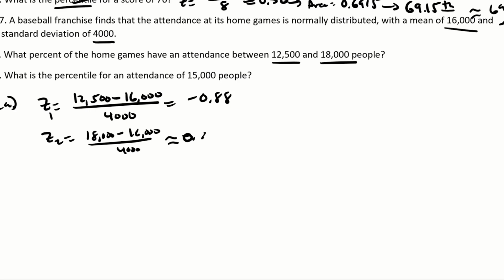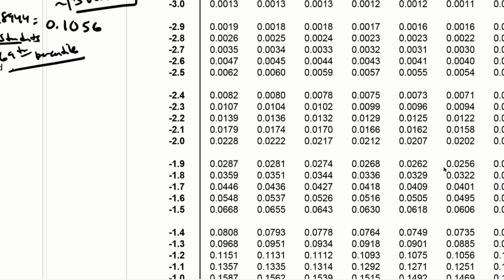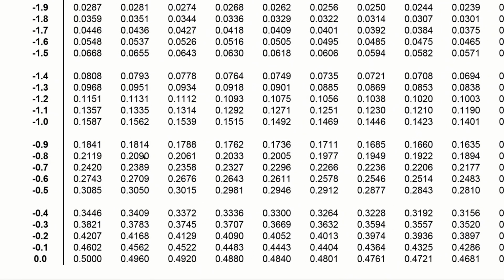So now we're going to convert these to areas. We'll look it up and then subtract. So negative 0.88 is 0.1894.